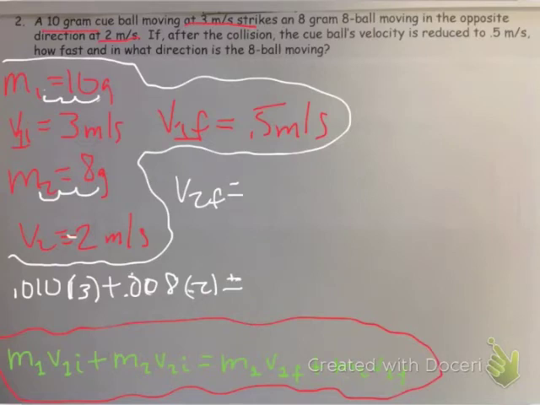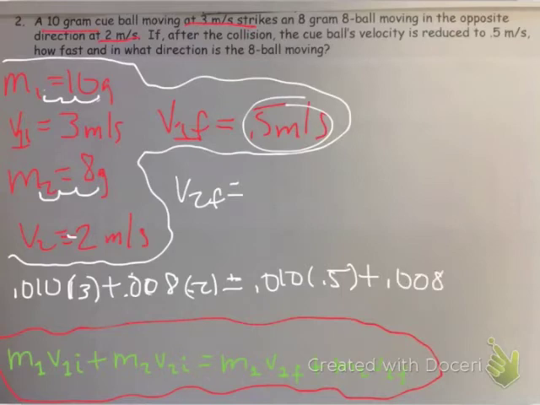That equals mass 1, which was 0.010, times your velocity 1 final, which was 0.5, plus M2, which was 0.008, multiplied by our velocity 2 final, which is what we're trying to find out. So V2 final. Okay, so again, we're going to go ahead and get these numbers simplified.